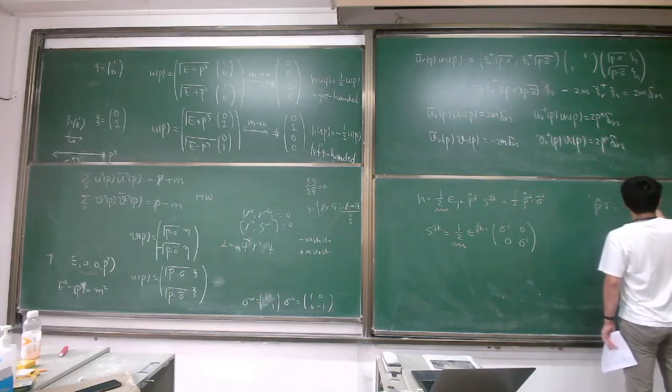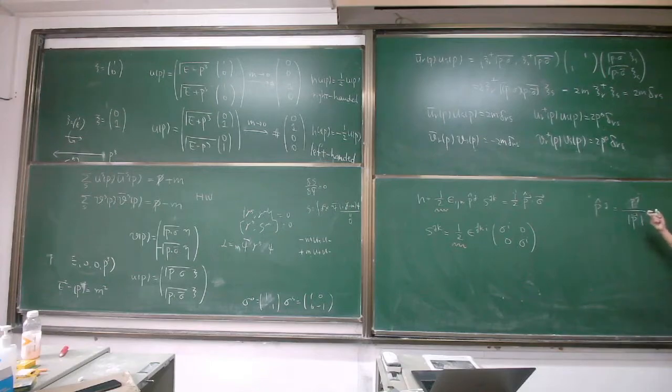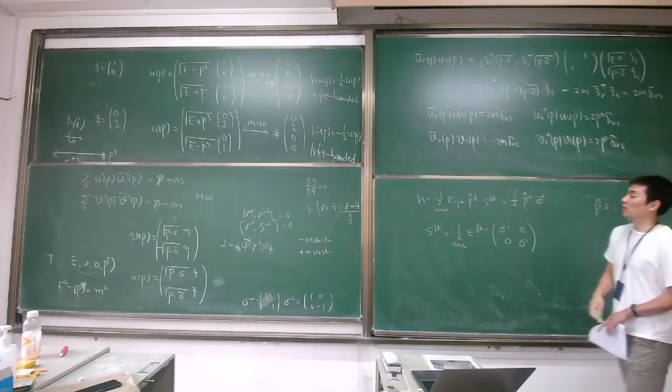And I need to include this vector, not the four-vector. You need to normalize only the spatial part. In the previous case I just wrote it this way, but now you need to include the absolute value of the spatial momentum. So this is the helicity operator.